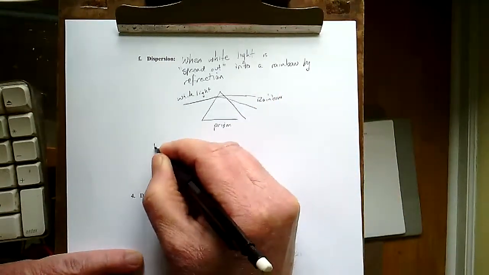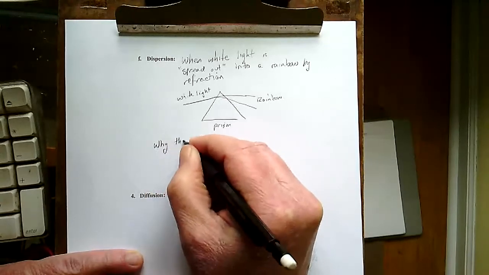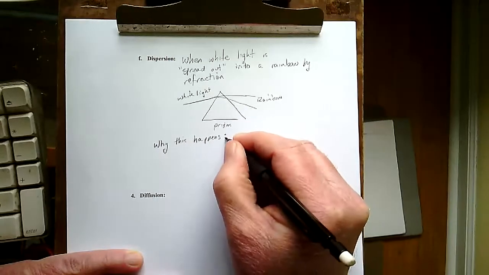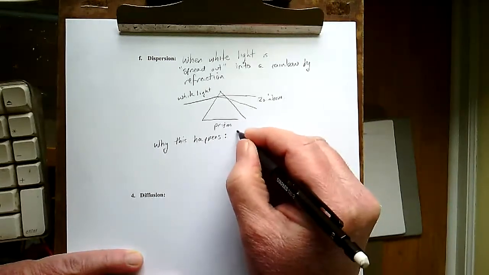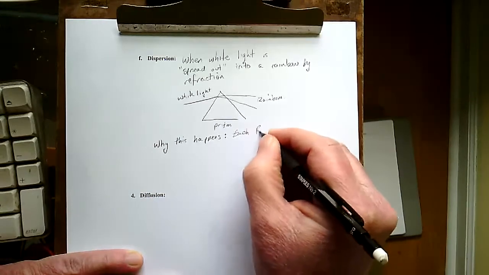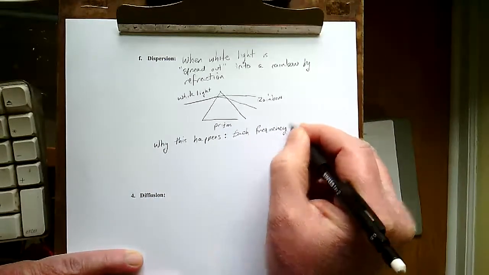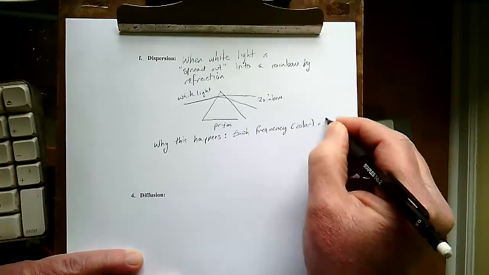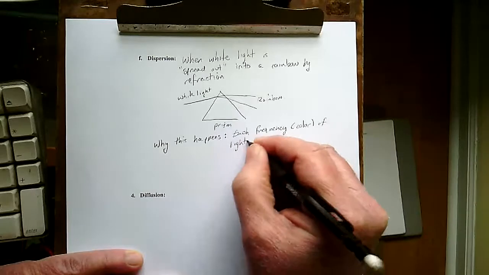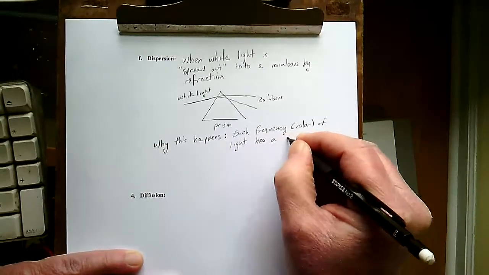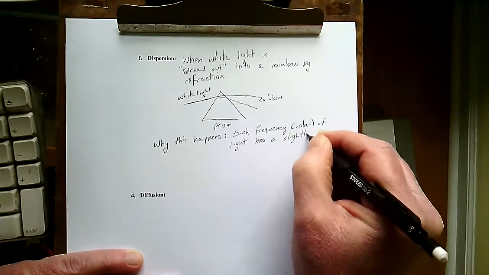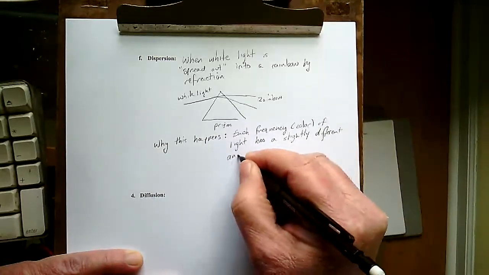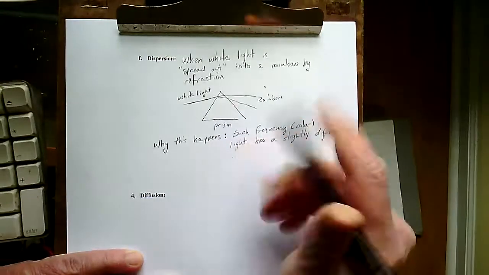Now, why does this happen? Okay, each frequency, and remember frequency just has the different colors of light, has a slightly different index of refraction.